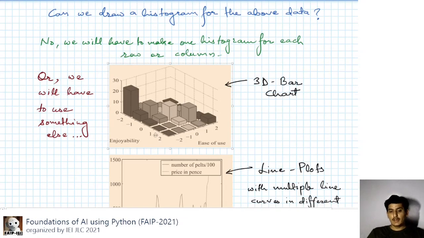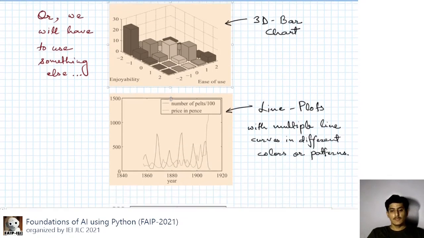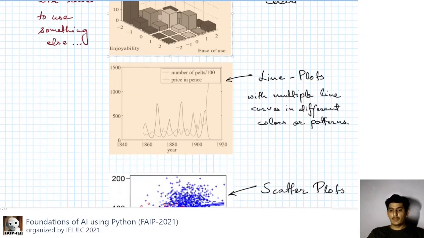But the problem with 3D bar charts is they are not very good with printing, and you will require to view them from different angles in a computer graphics intensive program. You cannot see the values on the back side of that. Another option is to draw line plots. So just like histograms, in line plots we won't fill up the areas covered by these graphs, and rather the lines would be drawn in different colors and different shapes.